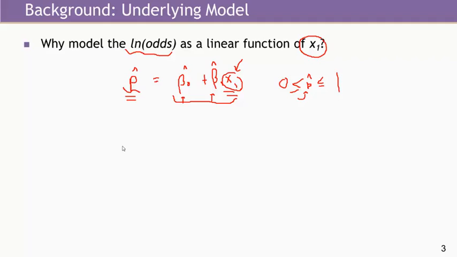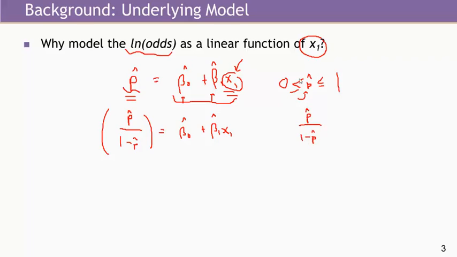So maybe your first thought is, well, we can be a little more flexible. What if we turn the proportion into the odds and try to model that as a linear function of our predictor, where our predictor can be continuous? Well, this might work a little better, but here's the deal with the odds. If the proportion itself, or probability, can lie between 0 and 1, then let's think about what the odds can be.